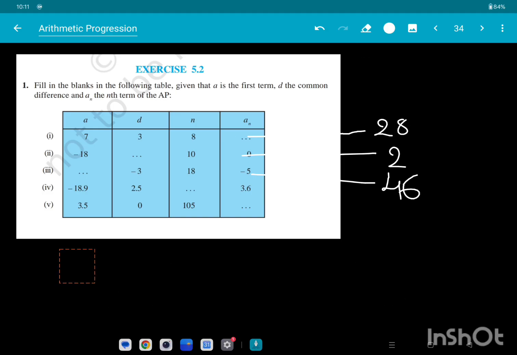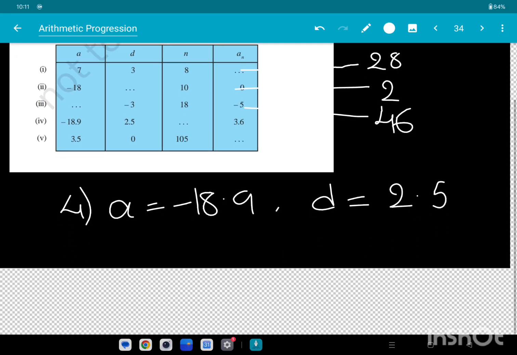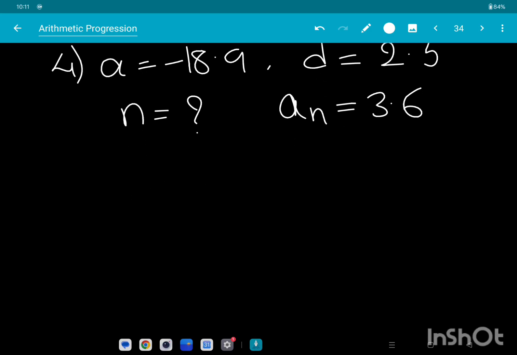Now we will see the fourth problem. Here in the fourth problem, it was given a is equal to minus 18.9 and d is equal to 2.5. n is equal to, we need to find the n value here, and an is equal to 3.6. Same, we are going to use the nth term formula. an is equal to a plus (n minus 1) into d.